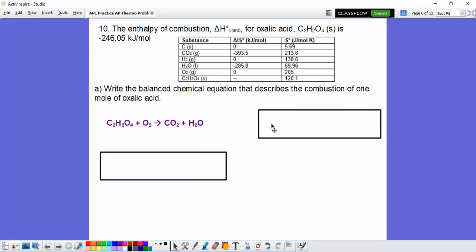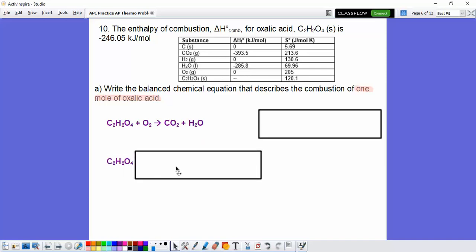Okay? Now, when we balance this, normally, like back in first year chem, remember, for combustion reactions, you might have been told, oh, put a 2 in front of the hydrocarbon because you're most likely going to need it. But remember, this is asking for 1 mole of oxalic acid. So that means when we balance it, we're going to have a 1 in front of C2H2O4.